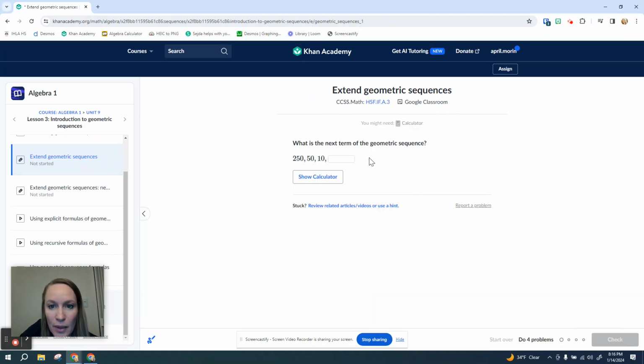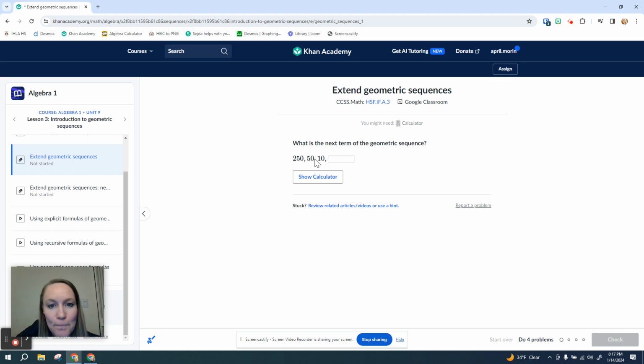Let's go. Okay, what is the next term of the geometric sequence? Again, we were doing arithmetic sequences, which means we add or subtract. Geometric is basically multiplying and dividing. We're doing the same thing that we did before, but with multiplication and division.